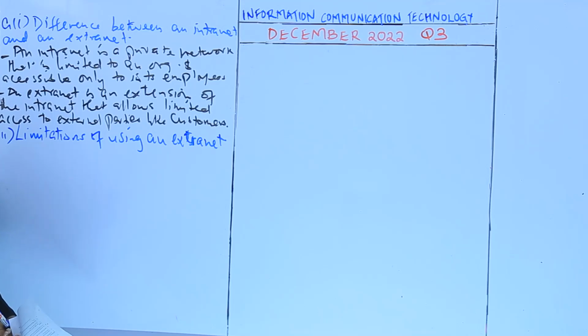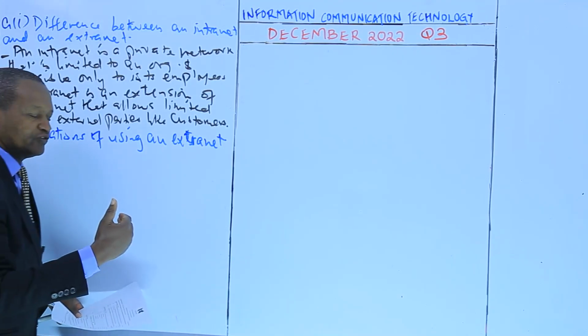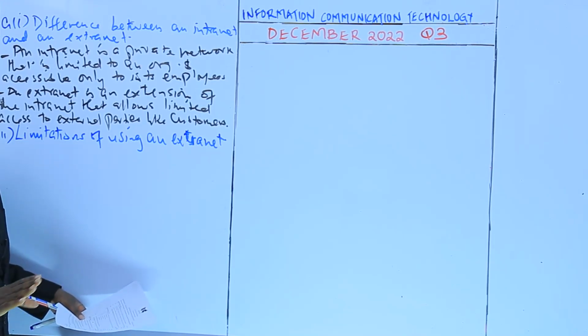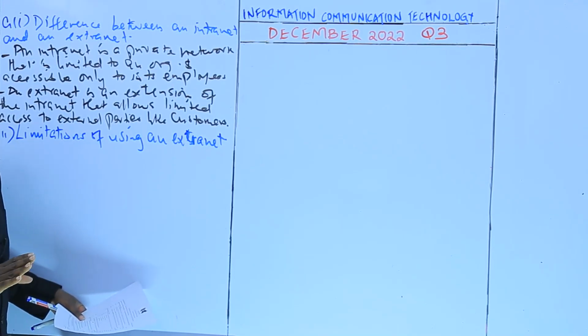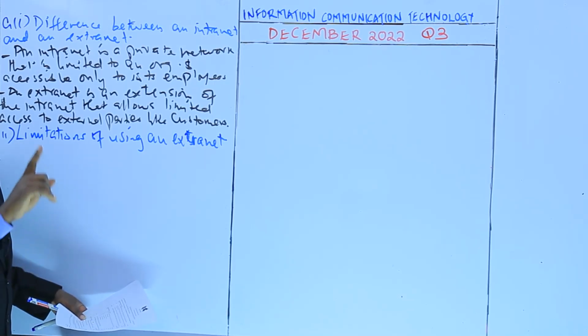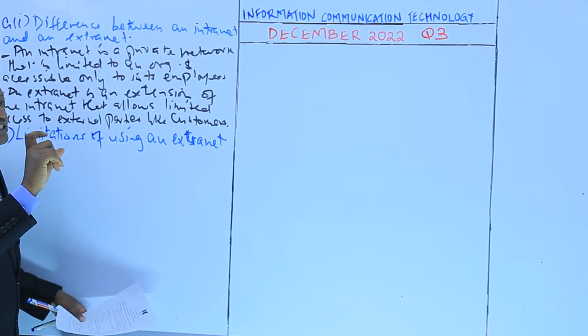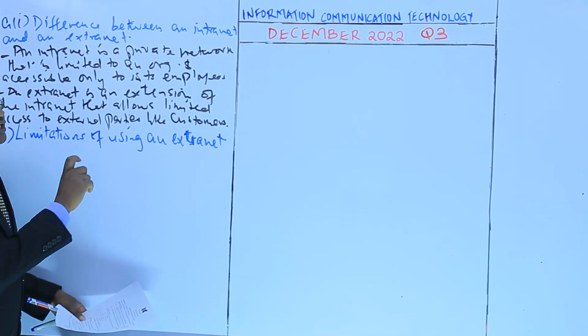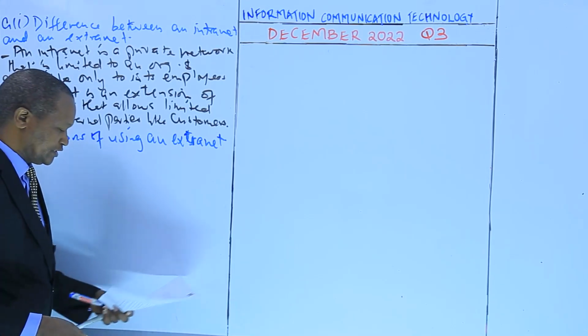Now, we've defined an extranet as an extension of the intranet that allows limited access to external parties. So the question now is, what are the limitations of such a network? The first obvious limitation is that such a network may expose an organization to security risks.